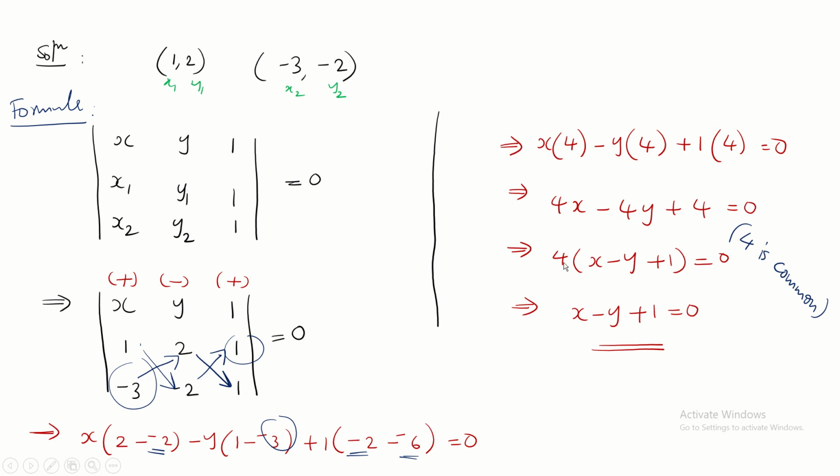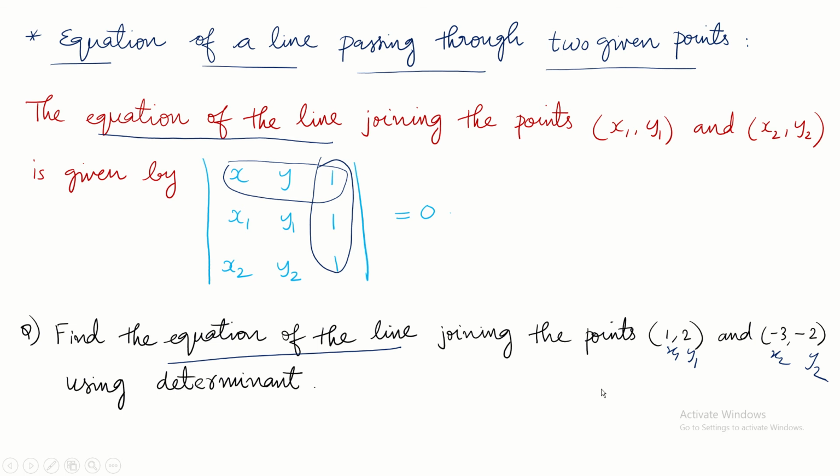So this is multiplied by 4, when it comes to the right side, it will be division. So the right side will get 0 by 4 is 0. So here on the left side only x minus y plus 1 is remaining. So this is your required equation for these points. So this is how you have to solve the question.